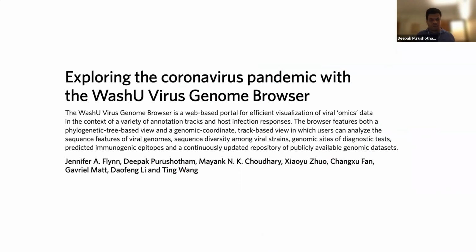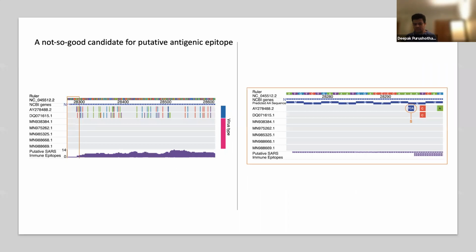This platform can be extended to build more specific functions, and I'll give an example of some of the work we did over the past year, especially in the context of the pandemic.